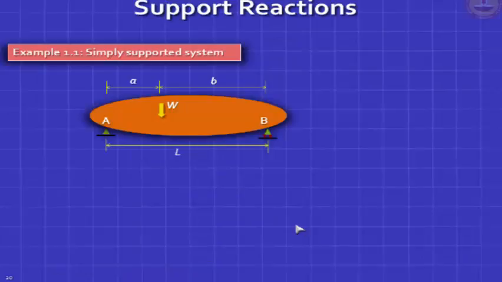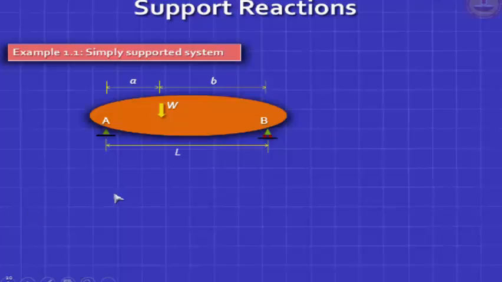Okay. Now let's talk of support reaction. I put a boulder there, but it could be a beam, it could be a truss, it could be an arch, it could be anything. So I've got a heavy weight, or let's ignore the self weight of this. Let's put a concentrated load W acting somewhere here at a distance A from the left support and B from the right support. The support conditions are classic, simply supported conditions.